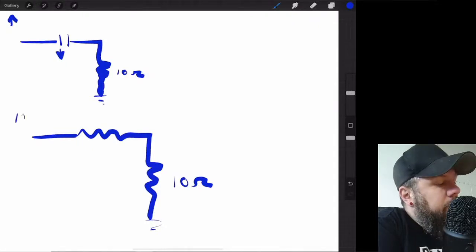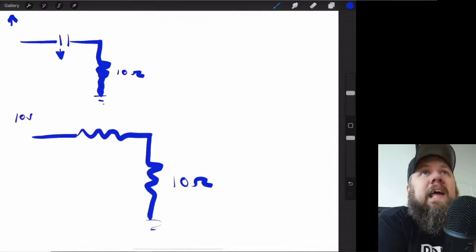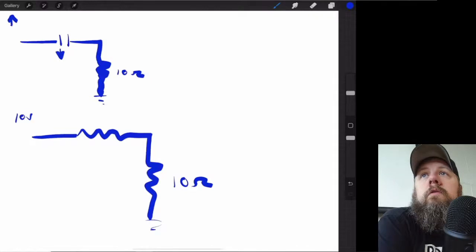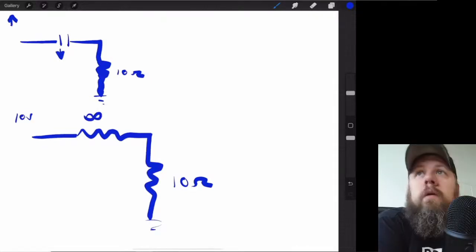So I've got that 10 volts coming in at a low frequency. This is like infinite resistance.